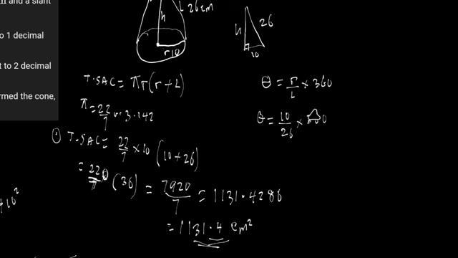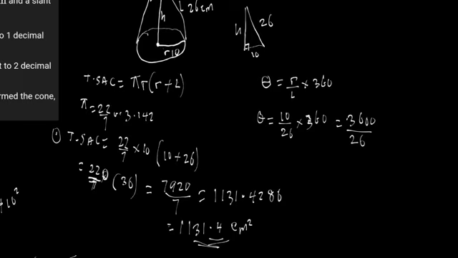Now let's do the multiplication. 10 times 360 gives us 3,600. That gives 3,600 divided by 26. Let me quickly use my calculator to do the calculation.